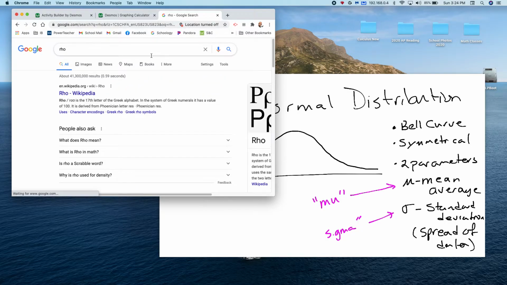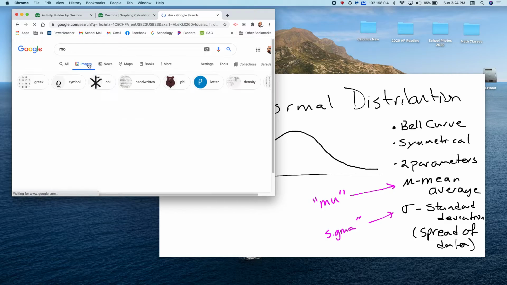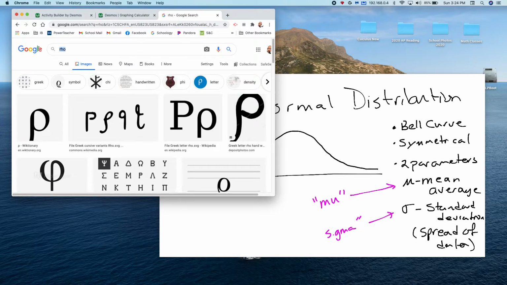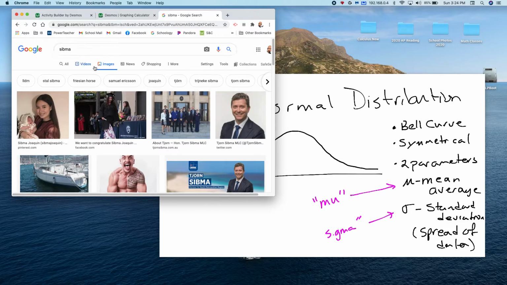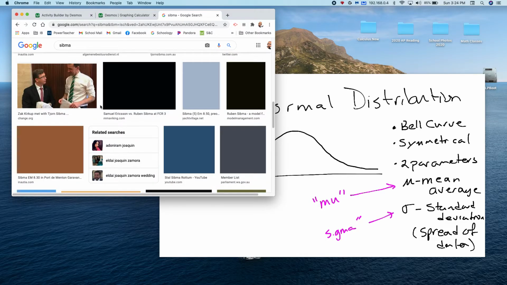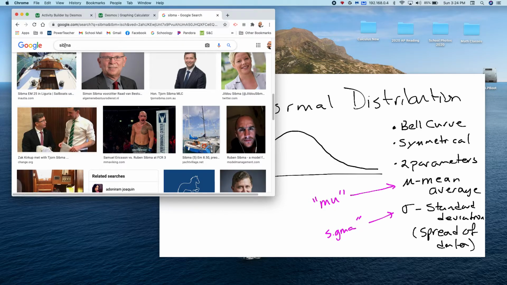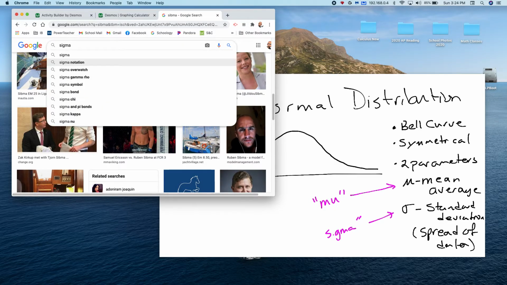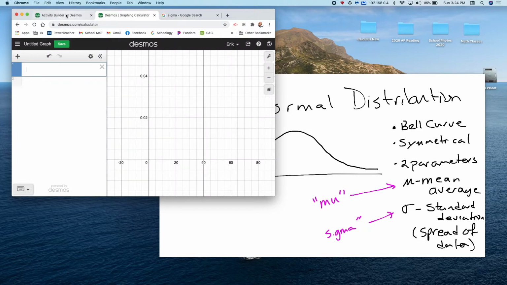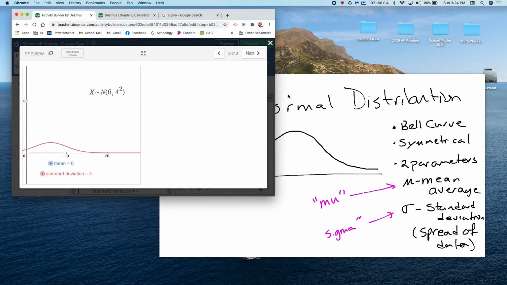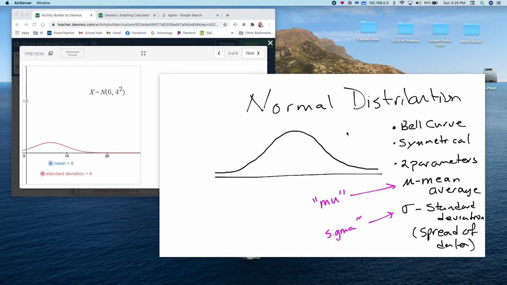Let's see what rho looks like. Oh, I think it's sigma. Yeah, sigma. Sigma is used for the standard deviation.